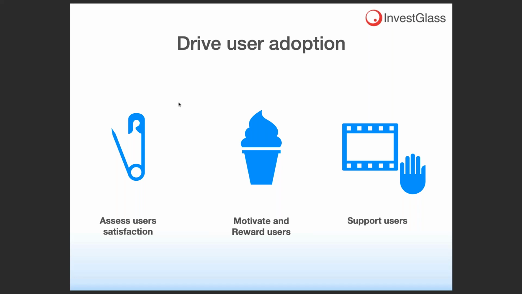Perhaps it's because the usage has not been thought out well enough, and perhaps there are too many clicks. Perhaps the information is clunky or not well presented. So it's very important, on a frequency of a week, then a month, or even 2 months, to assess the user satisfaction to make sure that everyone enjoys using InvestGlass.